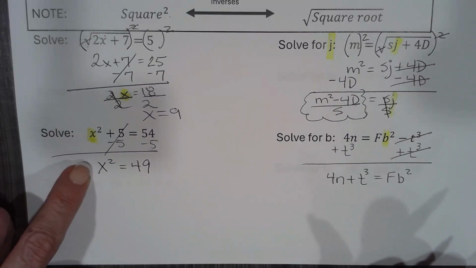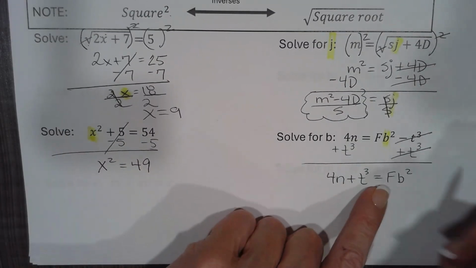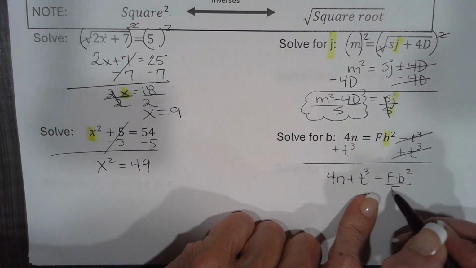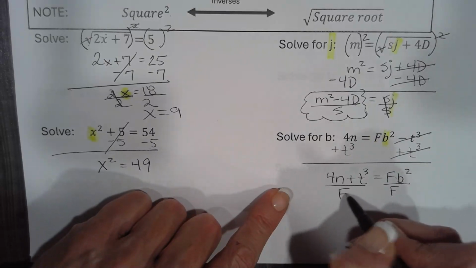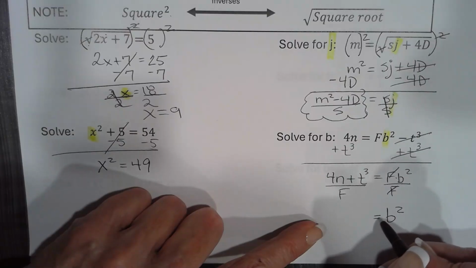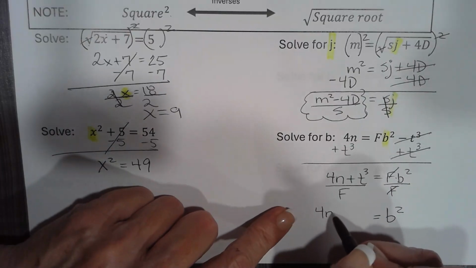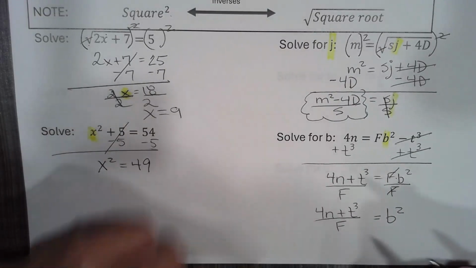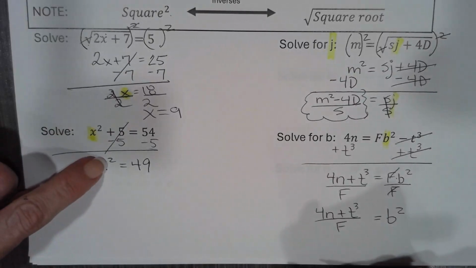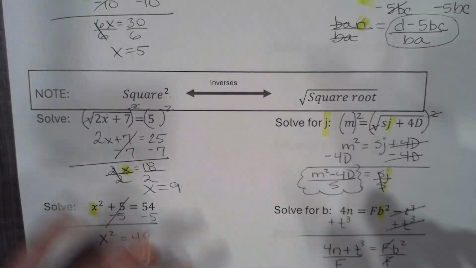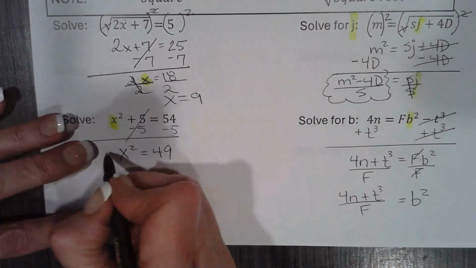Here the x is by itself with a square, but here I've got an f and it's multiplied, so I'm going to take an extra step over here and divide by f to get rid of the f. So now I've got my variable squared, 4n plus t cubed over f. To get the square off, we're going to do the inverse, and we're going to take the square root of both sides.